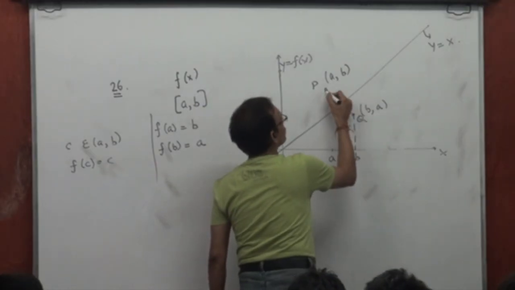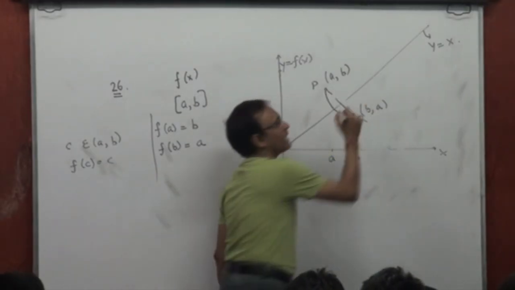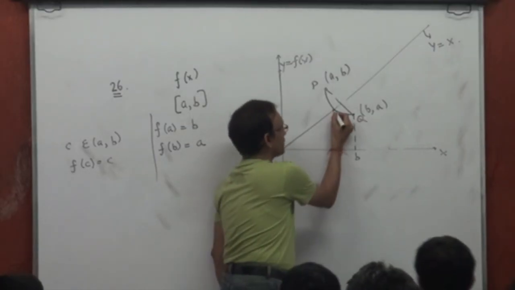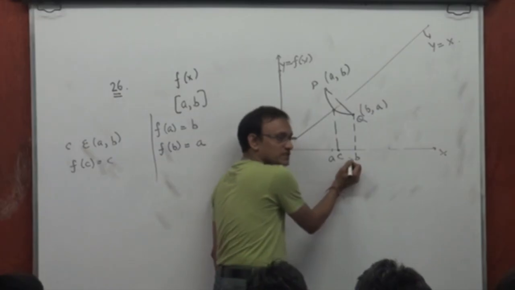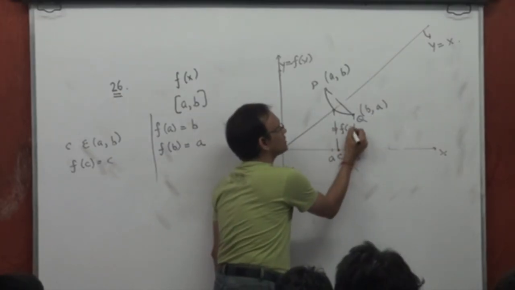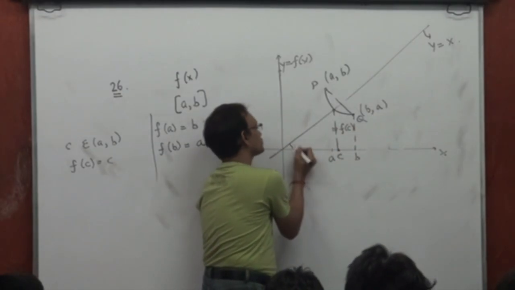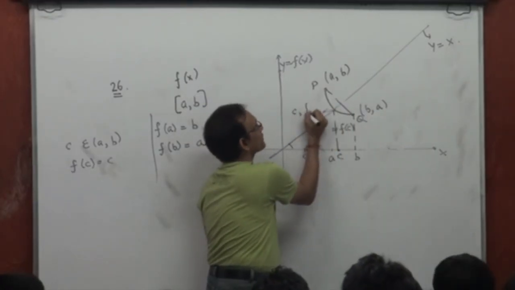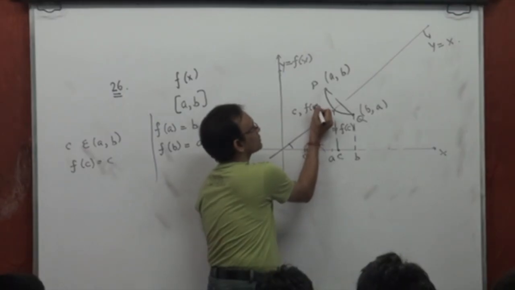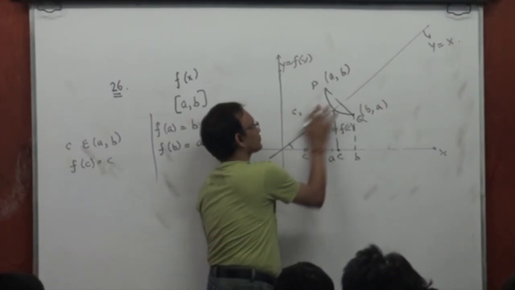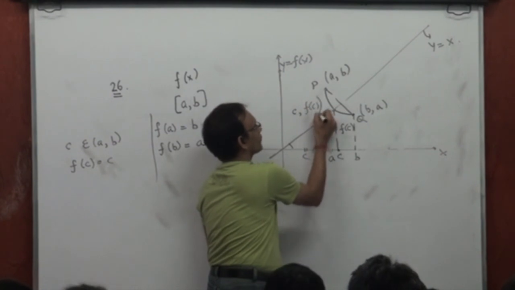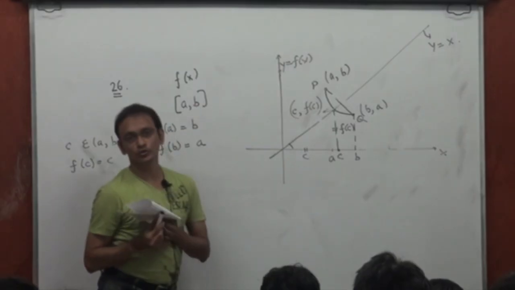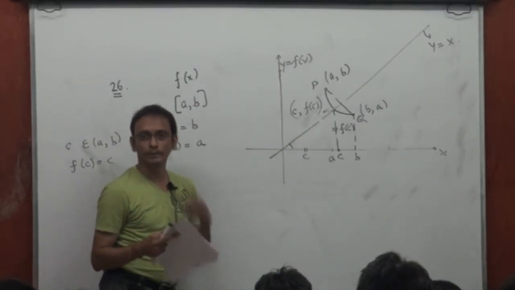In order to go from P to Q, it has to at least touch the line y equal to x once, and let's say that happens at x equal to c. So this is f(c), which becomes equal to c on the line y equal to x. So this point is (c, f(c)) lying on the line y equal to x. So c becomes equal to f(c) for one c belonging to a to b, yes or no?